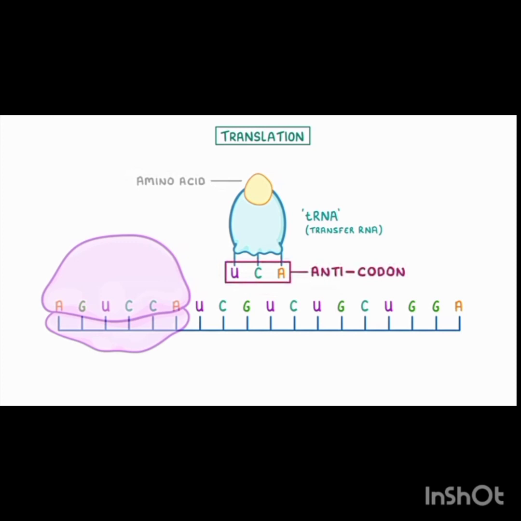You can see the anticodon here on the tRNA with an amino acid, and this tRNA with anticodon will read the code on the mRNA and go and attach to that mRNA. So A with U, and G with C, and U with A.